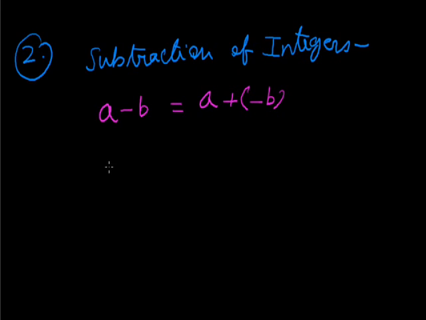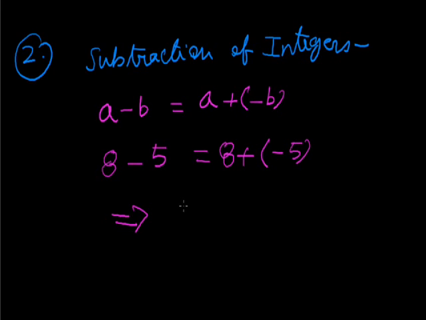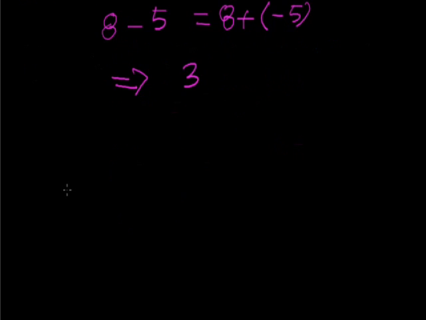It implies that if we subtract 8 minus 5, we can write it as 8 plus (minus 5), which gives us the answer 3. Now there are no such properties in subtraction of integers as we have studied in addition of integers.